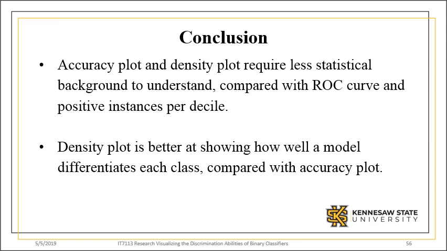By comparing the model evaluation plots on the breast cancer data in this project, we have the following conclusions. First, the accuracy plot and density plot require less statistical background to understand, compared with the ROC curve and positive instances per density. Second, the density plot is better at showing how well a model differentiates each class, compared with the accuracy plot.